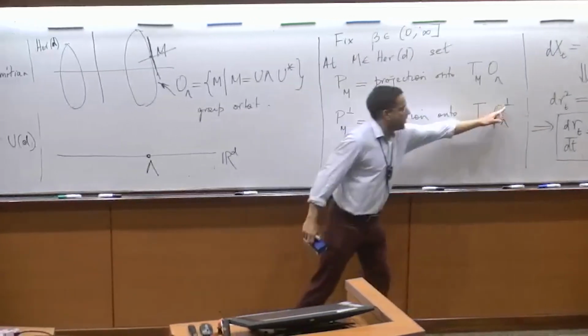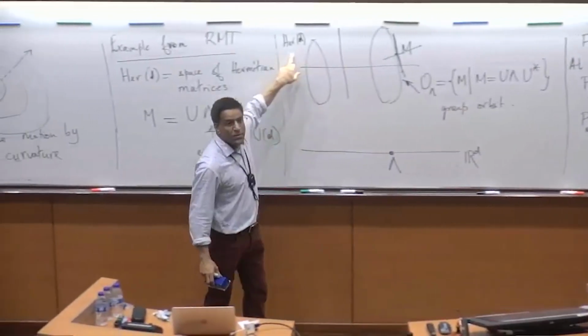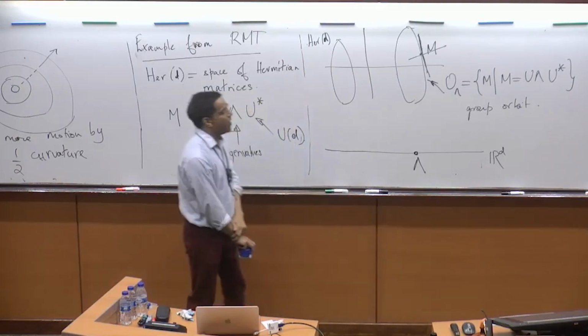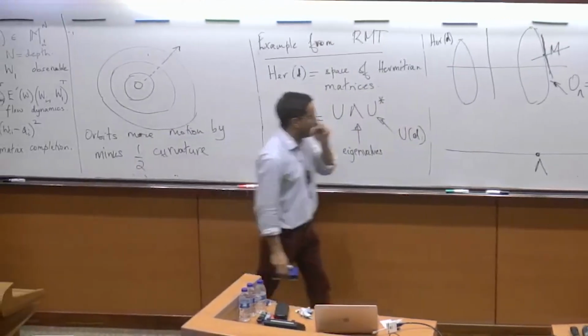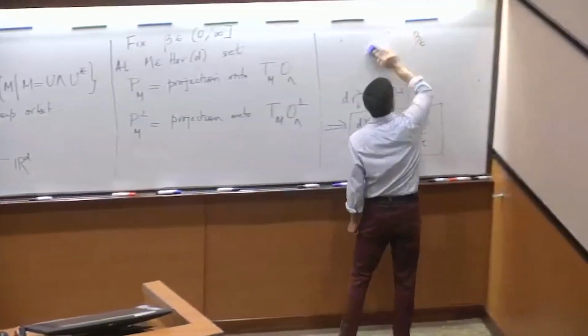Okay, and these inner products are computed with respect to the standard Frobenius norm on the space of Hermitian matrices, so just the matrix generalization of R^D. Okay, and so now finally I have to write out my SDE.